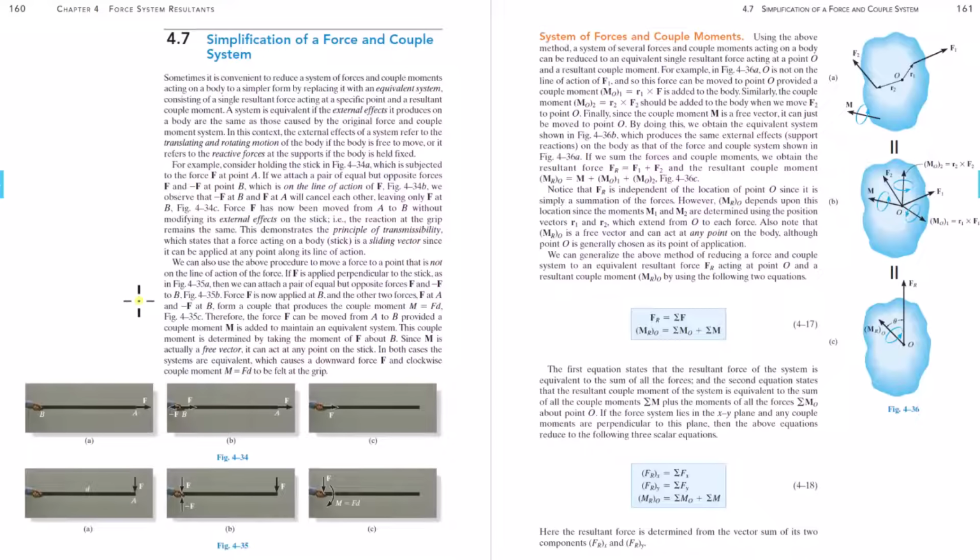Okay. Now, another thing I want to point out real quick is whenever we learned about summing vectors in general, to sum a vector, you put the tails of the vectors together. Now, there is the head to tail method of summing vectors, but in rigid body mechanics, statics and dynamics, in order to sum vectors, you need to be able to put their tails together, either through the use of sliding vectors. So in particle equilibrium, you could slide the vectors and get all their tails together, so you could sum them. Or if you had a free vector, you could move it and put its tail where you want, and then you can sum the vectors.